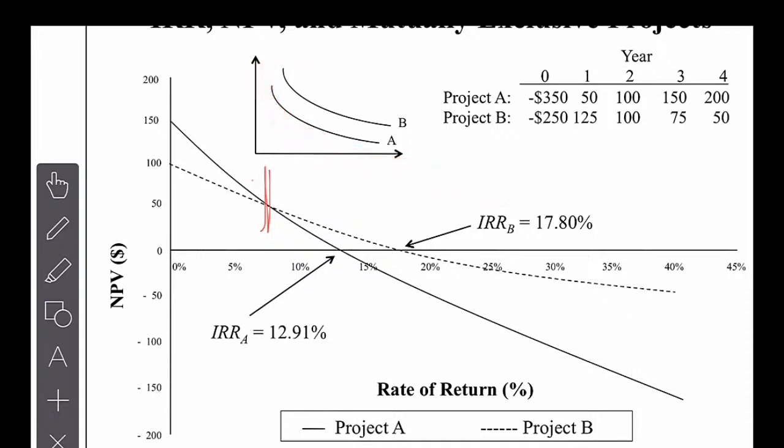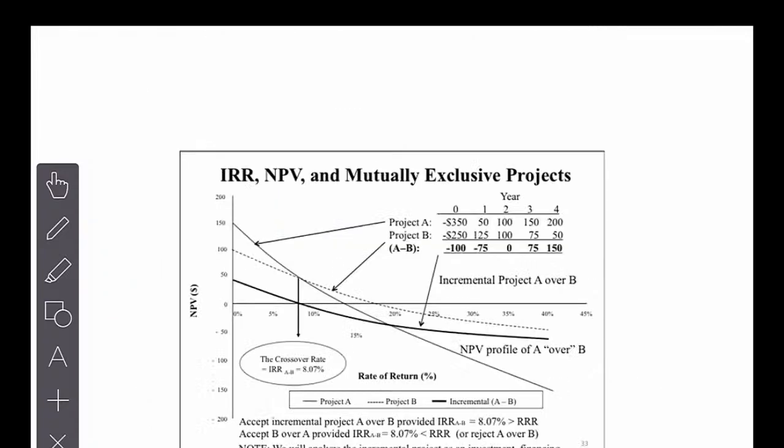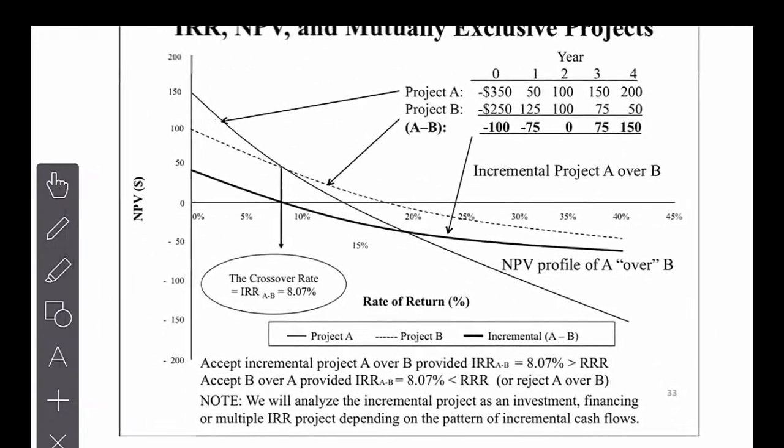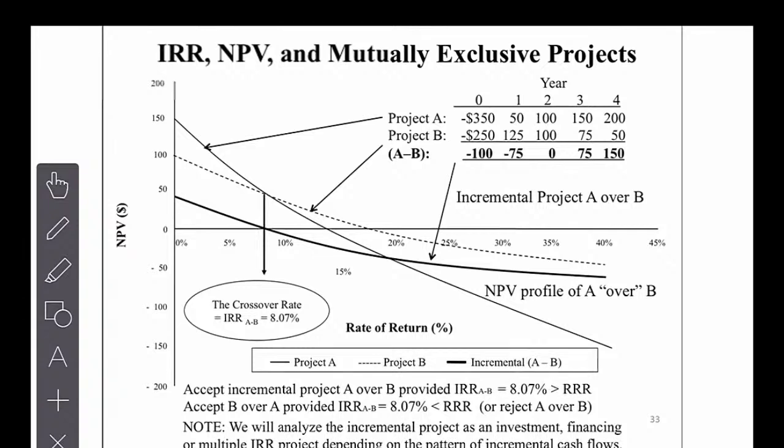But that's not what we're dealing with here. They cross over, and one is better than the other sometimes. So we combine them in what's called the incremental project. Honestly it doesn't matter how you combine them, but I recommend, because we have better intuition for investment projects, combining them so that the first cash flow is negative.